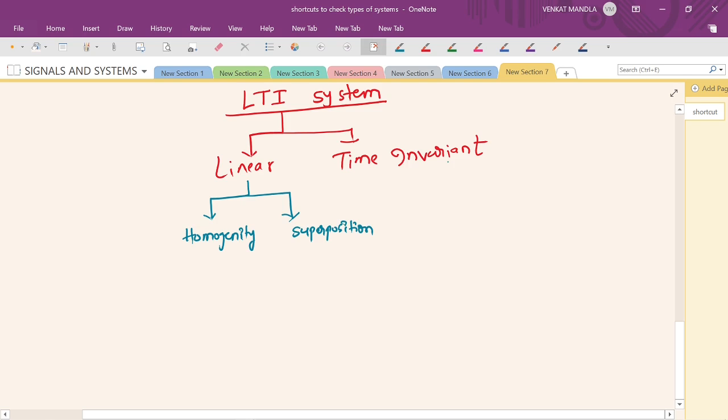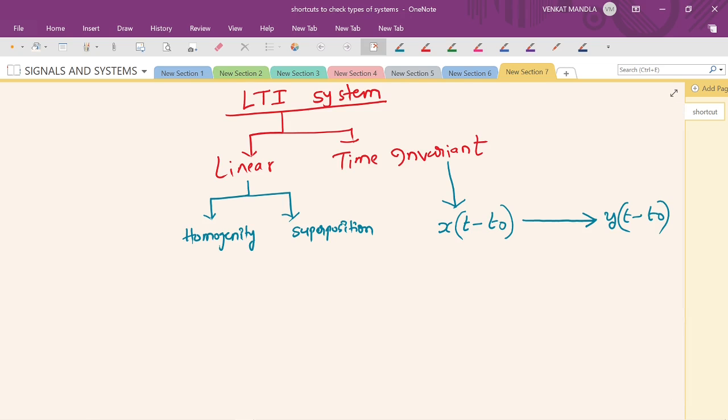Now time invariant: if you apply a delay in the input, let's say T naught amount of delay, then the output also should be delayed by the same amount, t minus t naught, right? My interest is that the system should satisfy both linearity and time invariance.